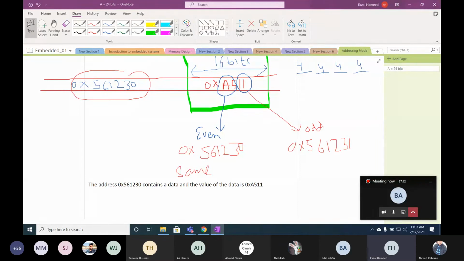So it means that this address is pointing to a location in memory, and that memory has some data, and the value of that data is 0xA511.